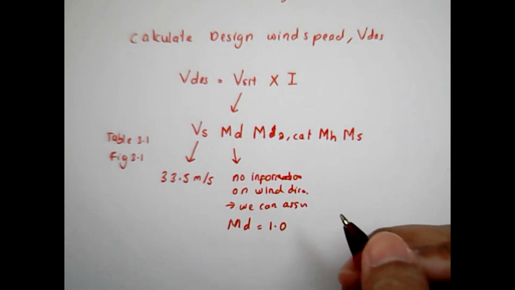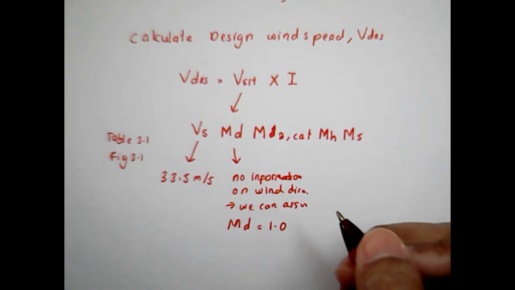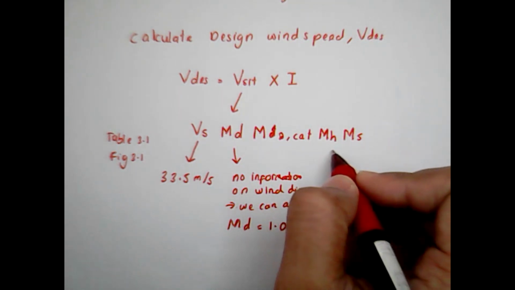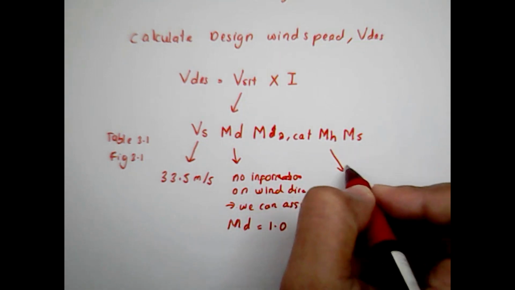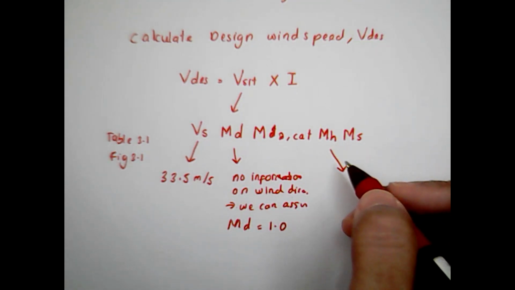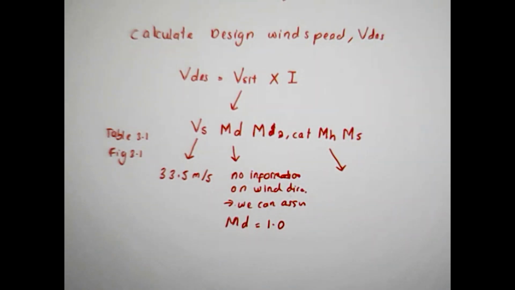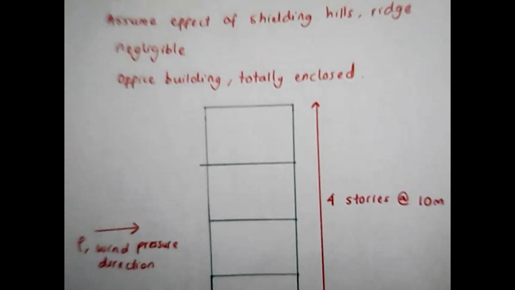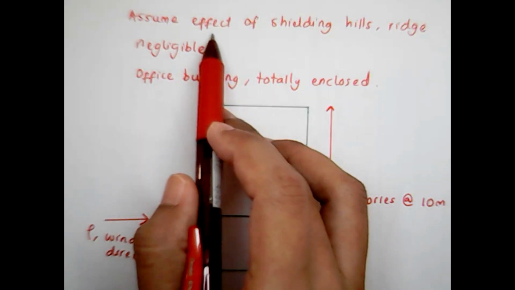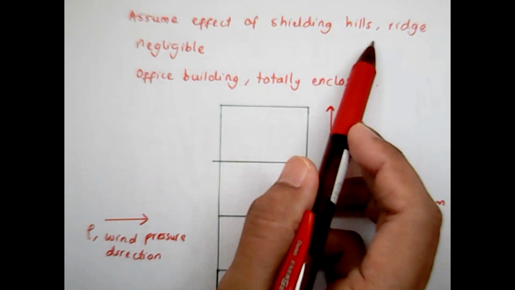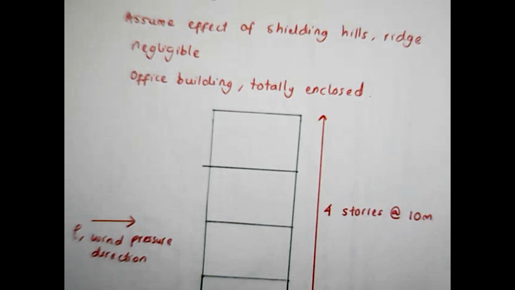Alright, and let's now find what your MH is. MH is what we call the local topography hill ridge. As defined earlier, MH is the local topography. And if you remember in the question, it stated that we assume the effects of shielding and hills ridge are negligible.